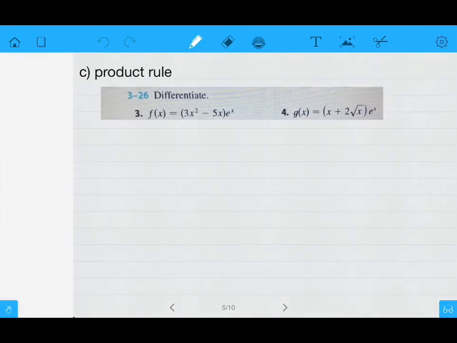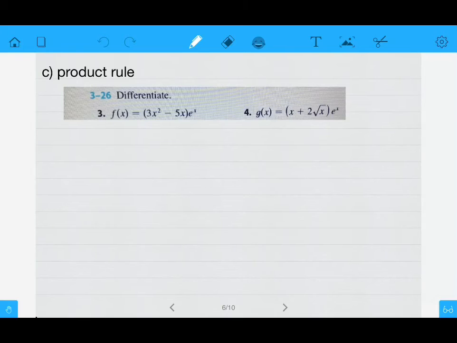Now the third type, we have the product rule. What is the product rule for the differentiation? How can you derive this one? Okay, remember here we have the first part and here we have the second part. What I will do, I take this one alone, 3x squared minus 5x, and here e^x.